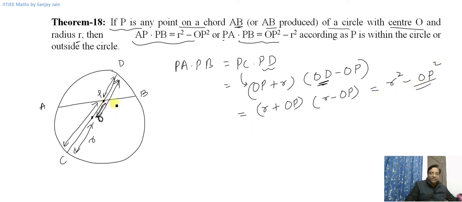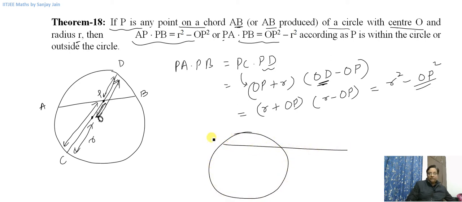Now this point P can be outside the circle also. Let us take this chord AB like this, and chord CD, which passes through the center, meets this chord at this point P outside the circle. Let the center be O. And this is C, this is D. Again, by the secant property, PB into PA is equal to PC into PD.